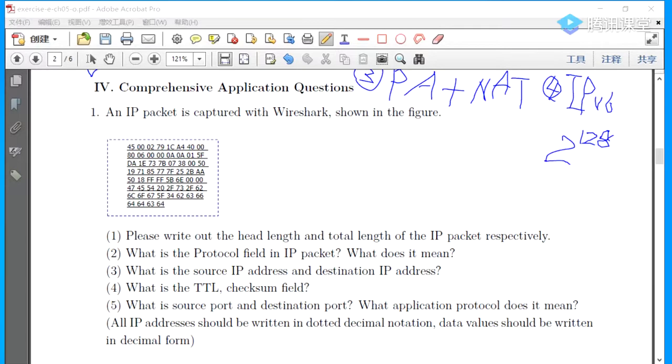It is shown in the figure here, 45000279, etc. From the information captured with Wireshark, we can determine the value of each field of the IP packet.